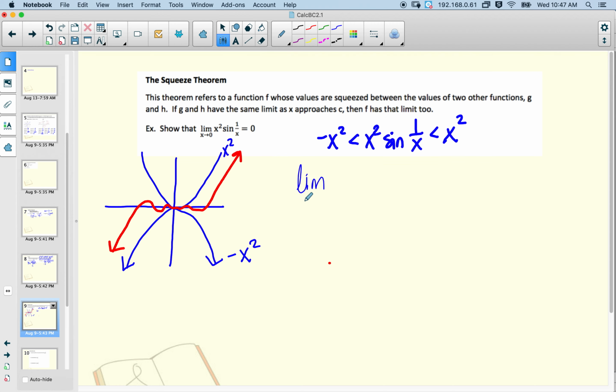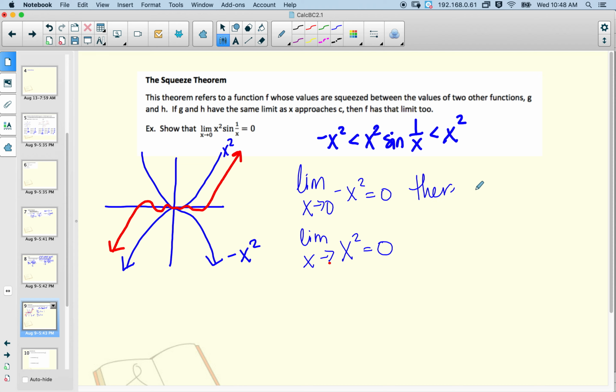We know that the limit as x approaches 0 of negative x squared is equal to 0. And we know that the limit as x approaches 0 of positive x squared is equal to 0. So if this limit is equal to 0, and this limit is equal to 0, then we know that since this is in between, this is also equal to 0.